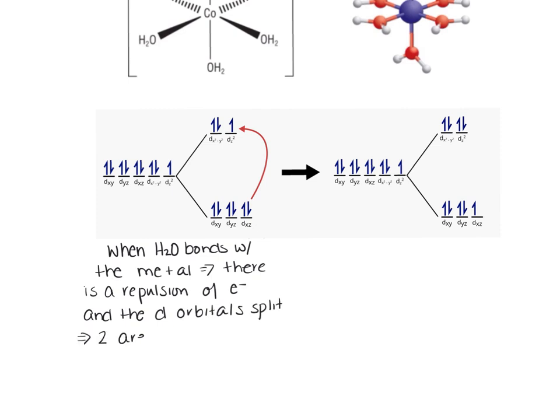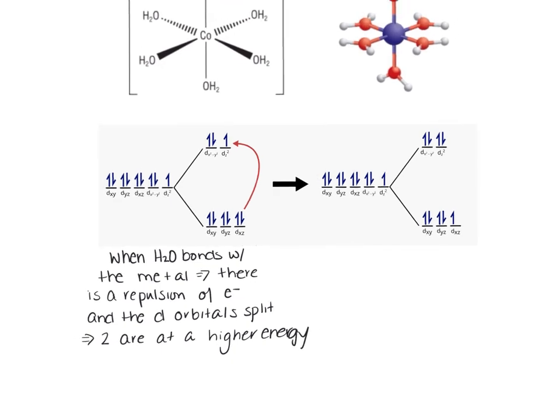Two are at a higher energy. And so because of that repulsion, that raises the energy of two of these orbitals. So they're split into two groups.